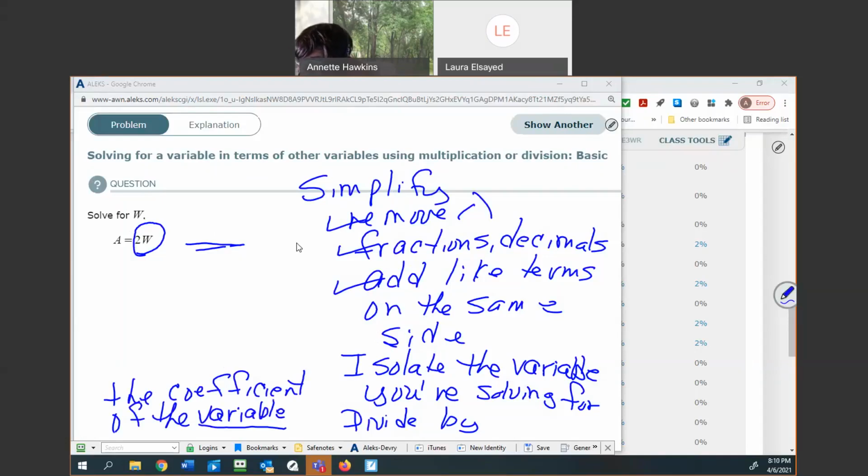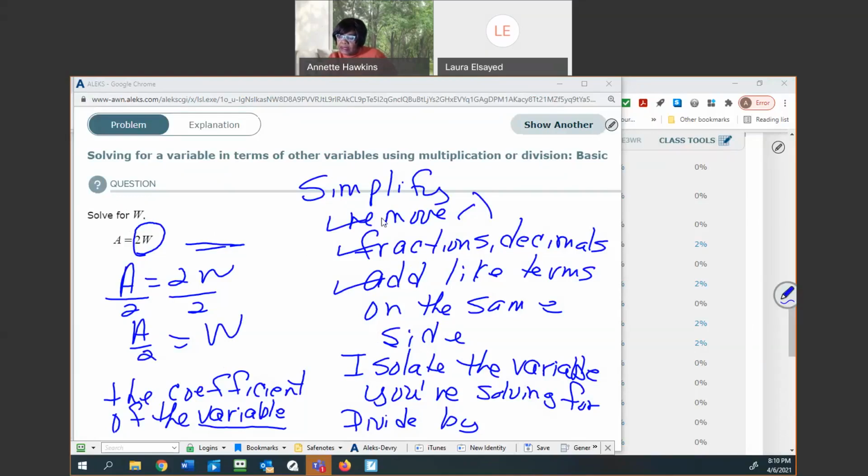We're solving for w. The coefficient of w is 2. So we need to divide both sides by 2. So a over 2 is equal to w. Now this is what we call literal equations because we have more than one variable in it. Okay.